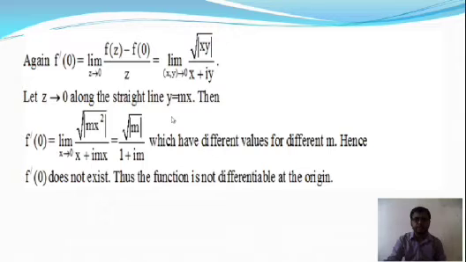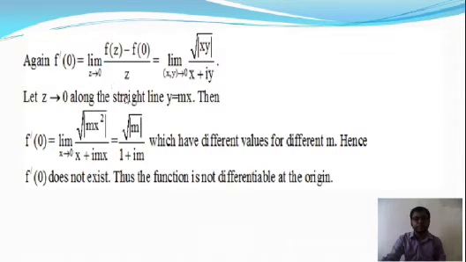And if for any arbitrary path the limiting value is the same, then we say the function exists, or the limiting value exists. So I will take here y equals mx, a straight line which also passes through the point (0, 0), and we will find the limiting value of f dash 0.